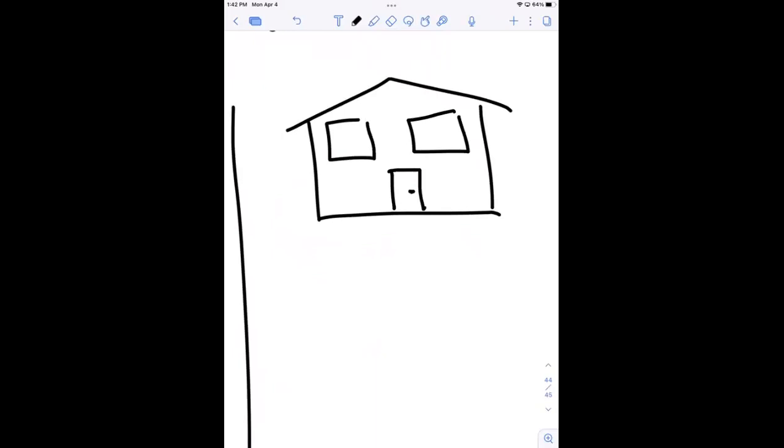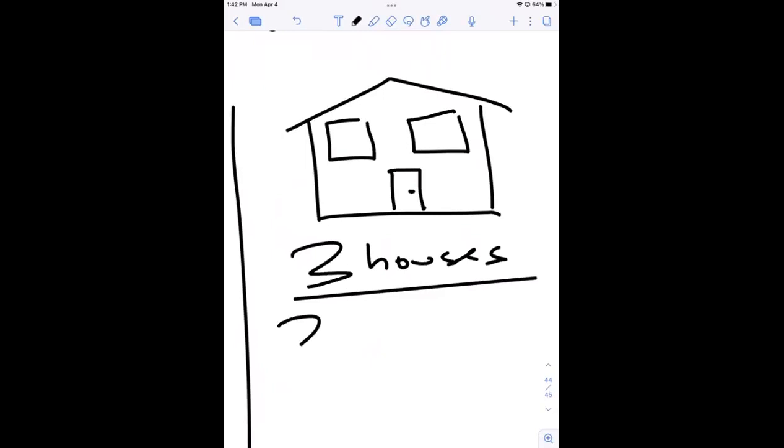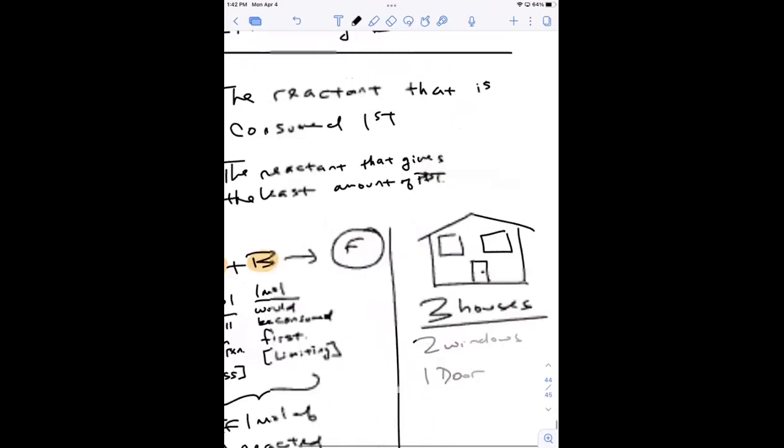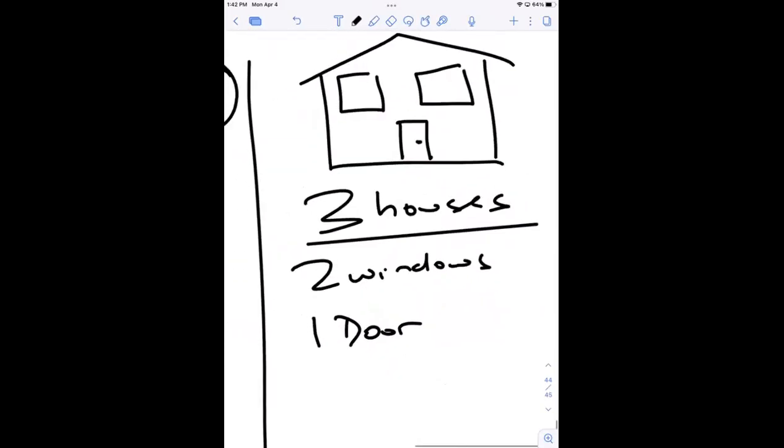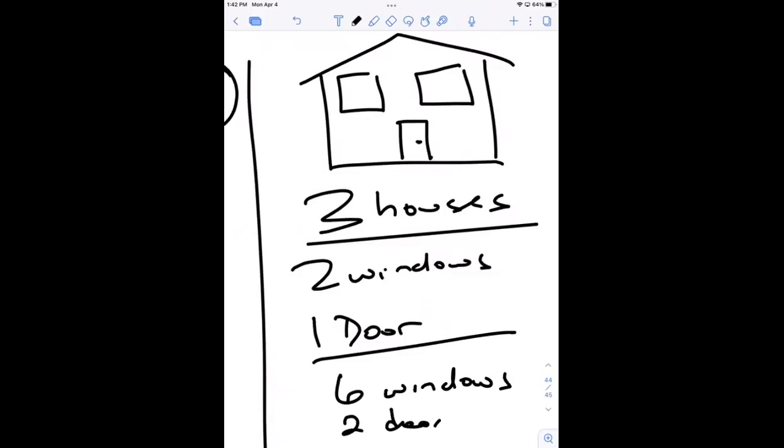But let's say for every house, you need 2 windows and 1 door. And let's say you wanted to build 3 houses. You would need how many windows? Each house requires 2 windows and 1 door, so if I wanted to build 3 houses, I would need 6 windows and 3 doors. Is that right?